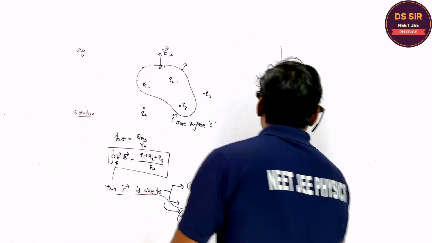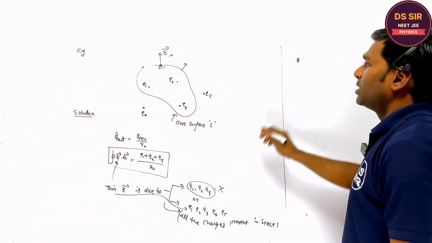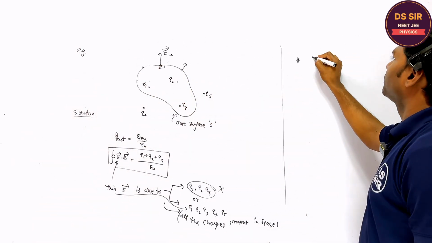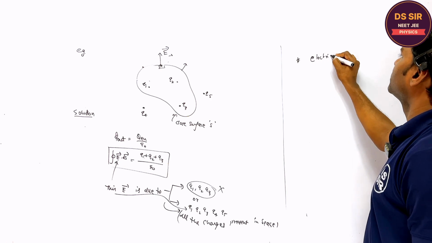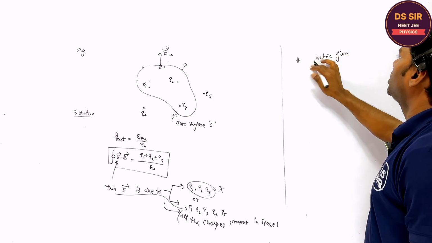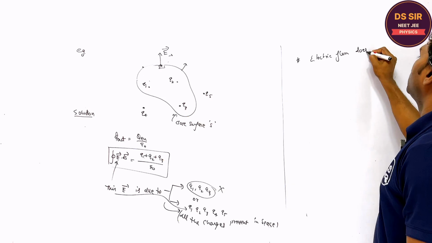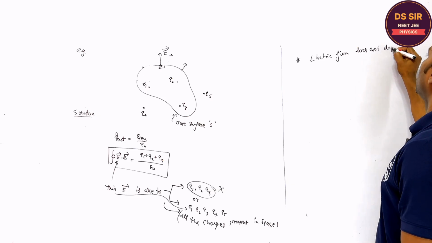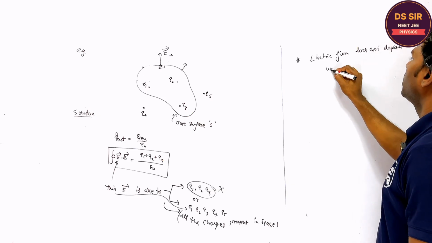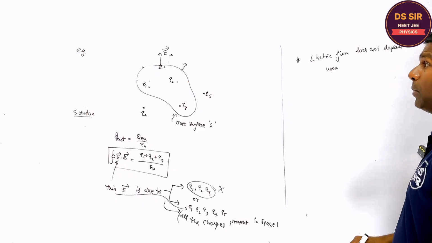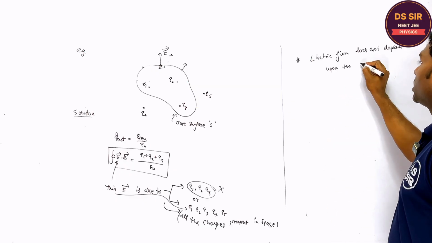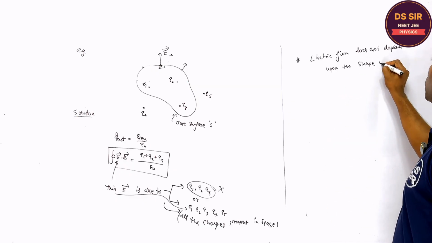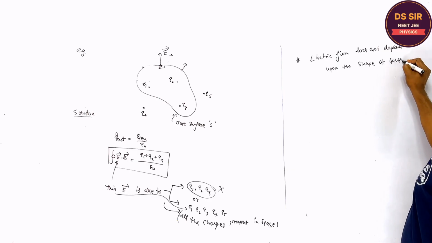Also, listen one thing, one important point: the electric flux does not depend upon the shape of the Gaussian surface.